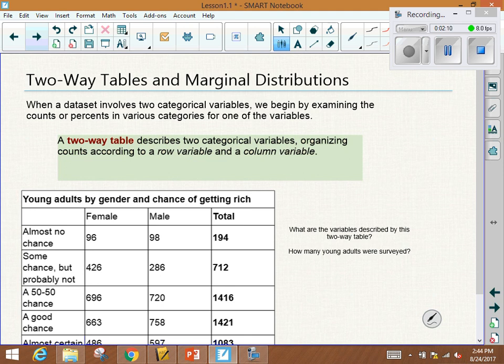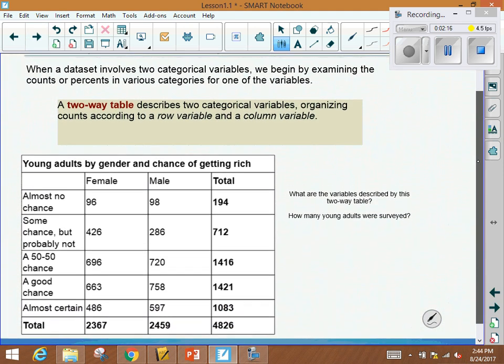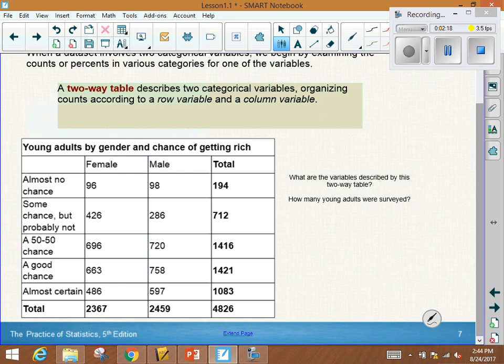All right, looking at this two-way table. We're talking about two categorical variables. We're going to organize counts according to a row variable and a column variable, all right? So, in other words, we've got our gender, our chance of getting rich.